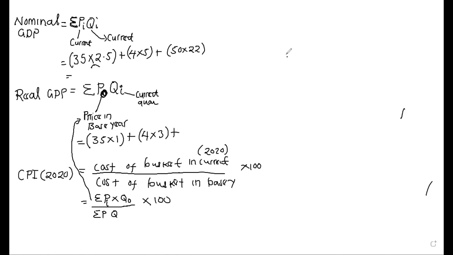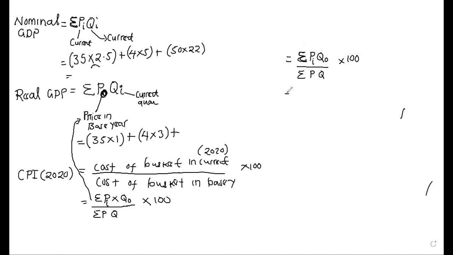The cost of the basket in 2020 means you get the summation, the same way that we've been doing, of price times quantity. But this time we're getting the current price and the initial quantity, divided by the summation of the cost of the basket in the base year. So just say P times Q, then you say times 100.